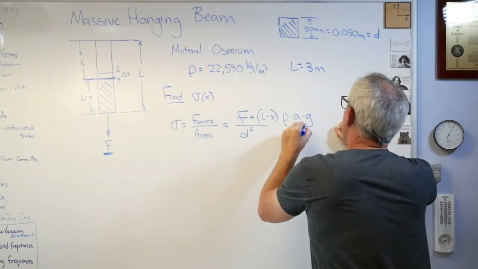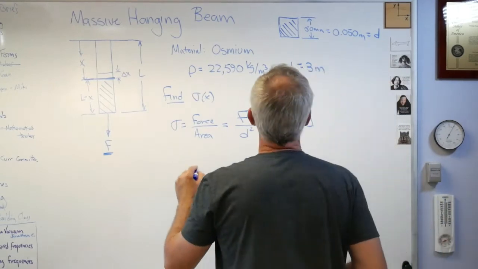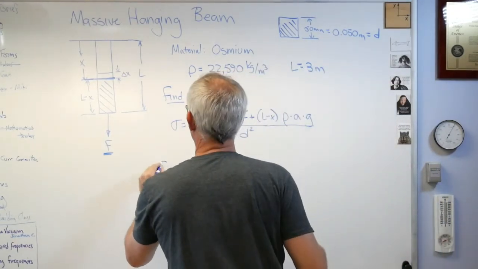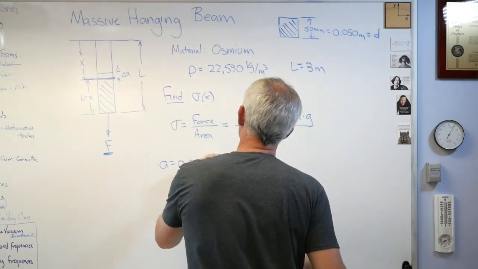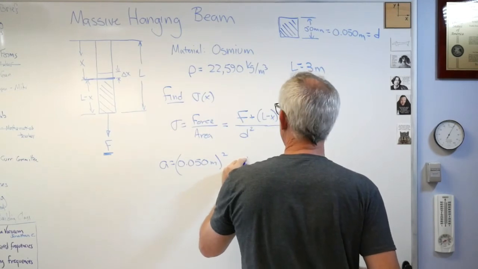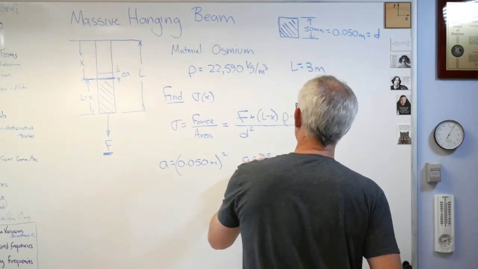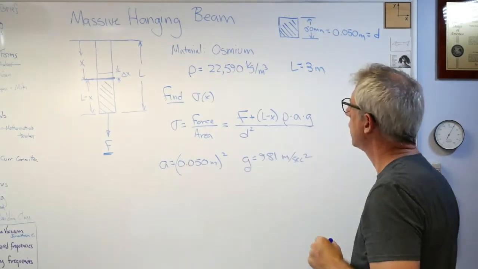Times the acceleration of gravity g. Let's do this here. A is 0.050 meters squared, and g equals 9.81 meters per second squared. All right, so there it is.